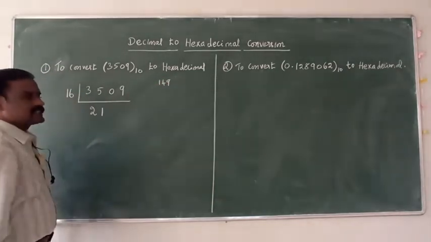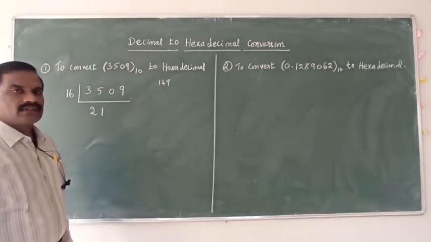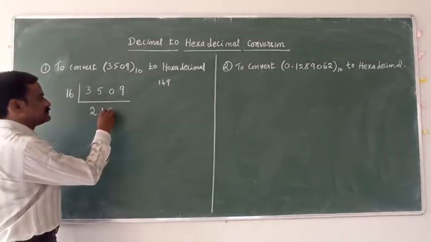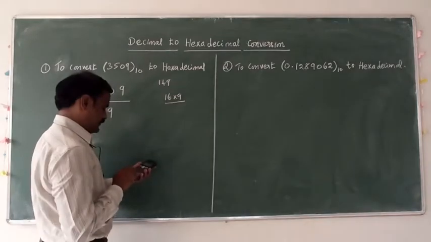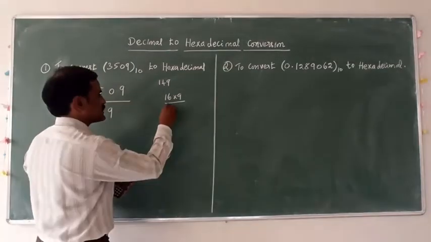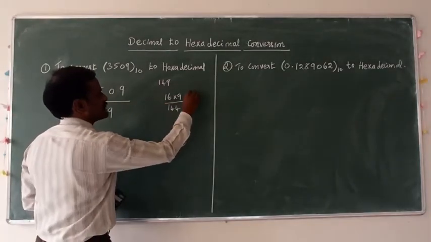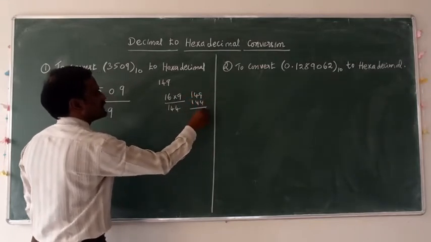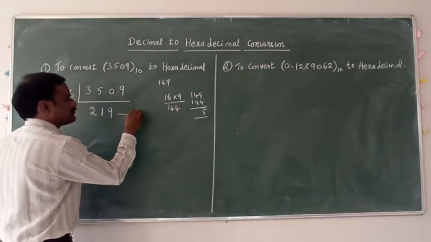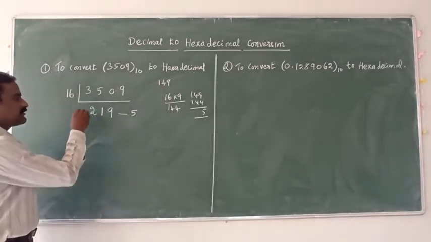Next, 149 divided by 16. How many times? 9 times. 16 into 9 is 144. Now subtract it, remainder 5.